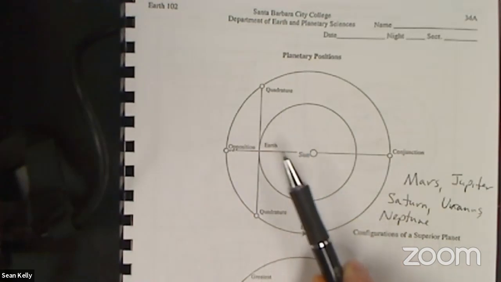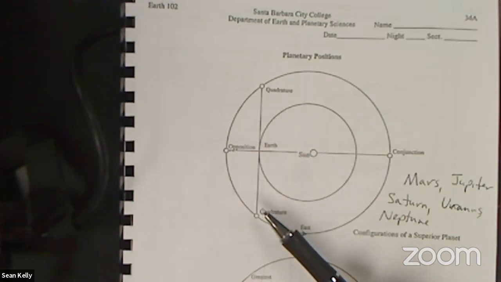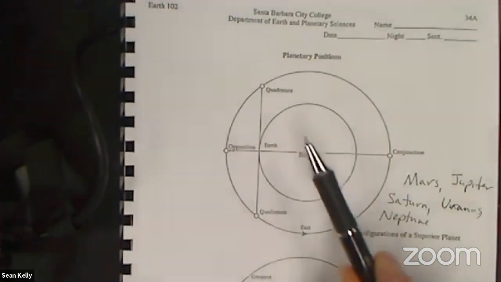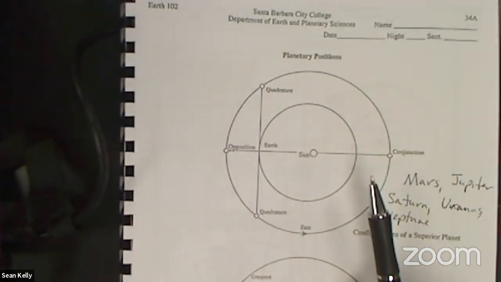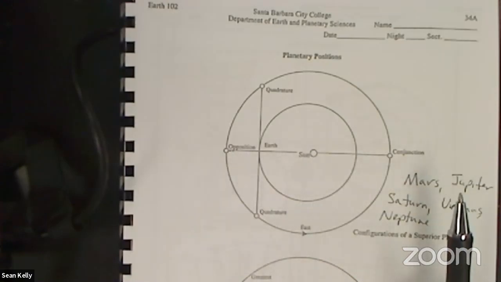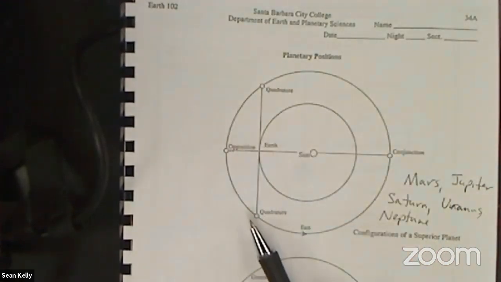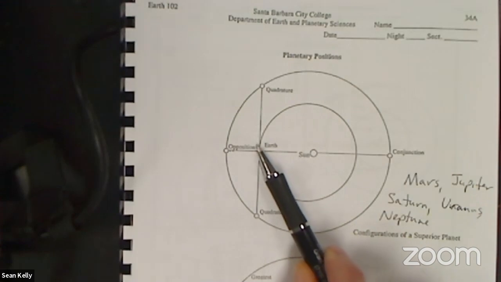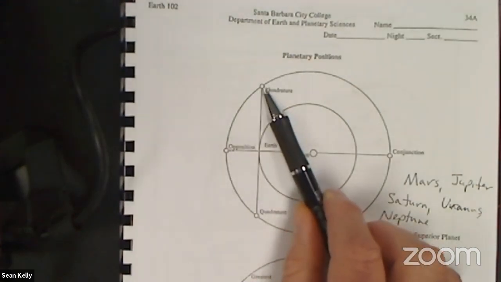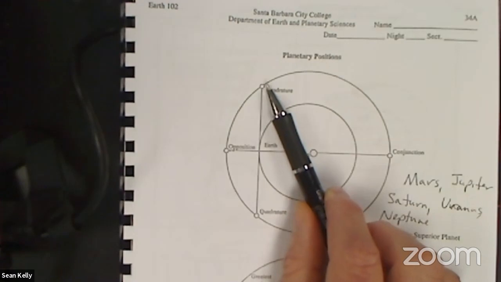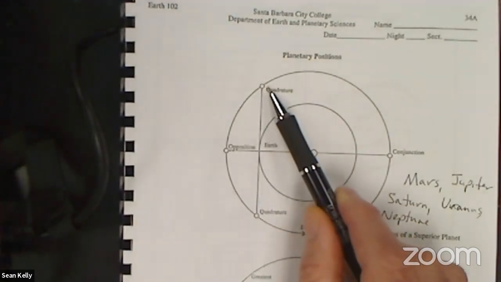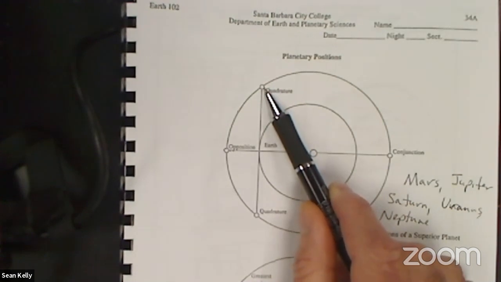So which one of these situations, quadrature, opposition, or quadrature, is going to happen first as the Earth is orbiting near this planet? Which one happens first? The Earth actually has already left the planet behind in one of these, and I would say that happens last, right? So if the Earth is here and the planet is over here, it is already past the planet.